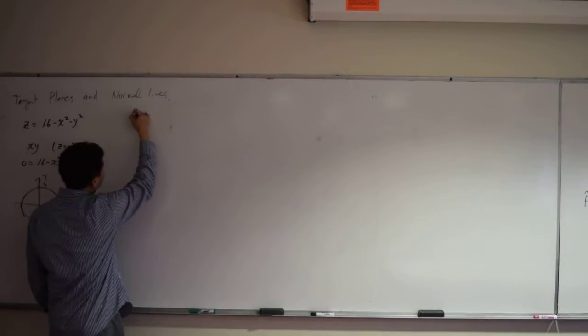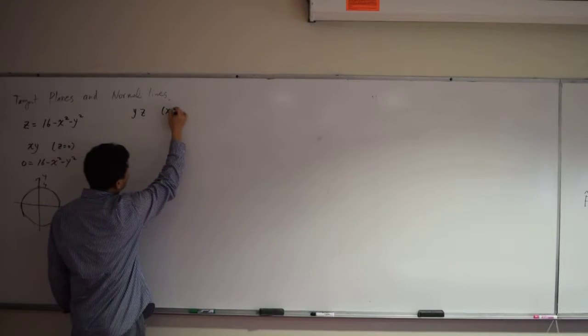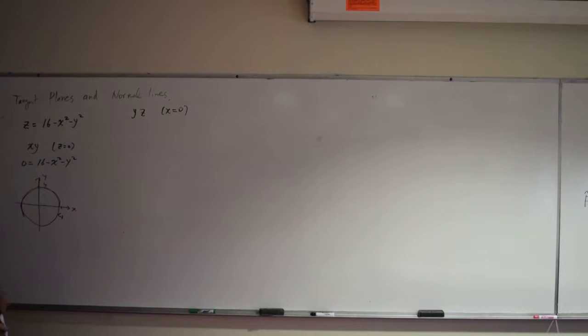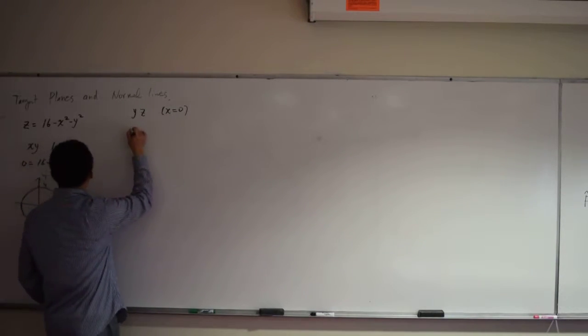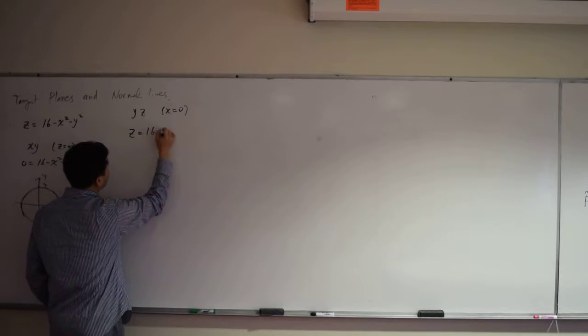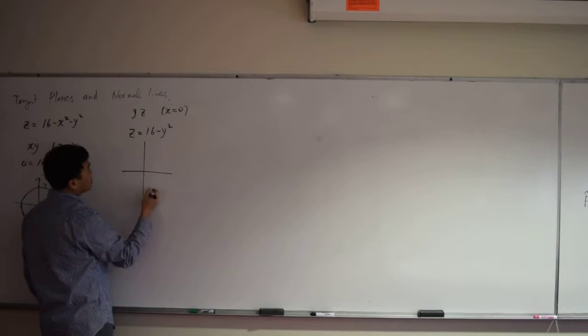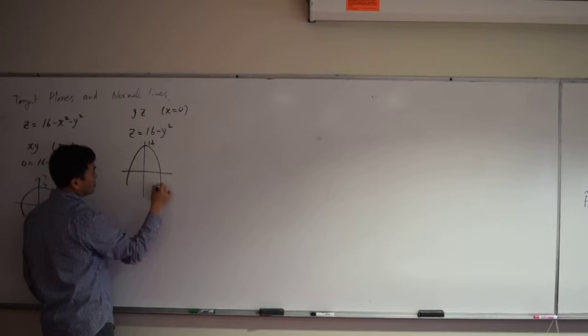Now, what about the yz trace? The yz trace means you're setting x equal to 0. If you set x equal to 0, you get z equal to 16 minus y squared. And here's 16. That's the graph.